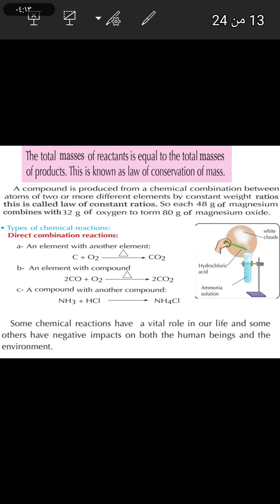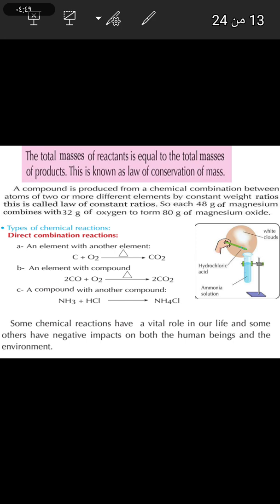The last one is a compound with another compound, like what? NH3 combined with HCl, or hydrochloric acid, to produce NH4Cl. So the chemical reaction has 3 types: elements with elements, elements with compounds, and compound with compound.